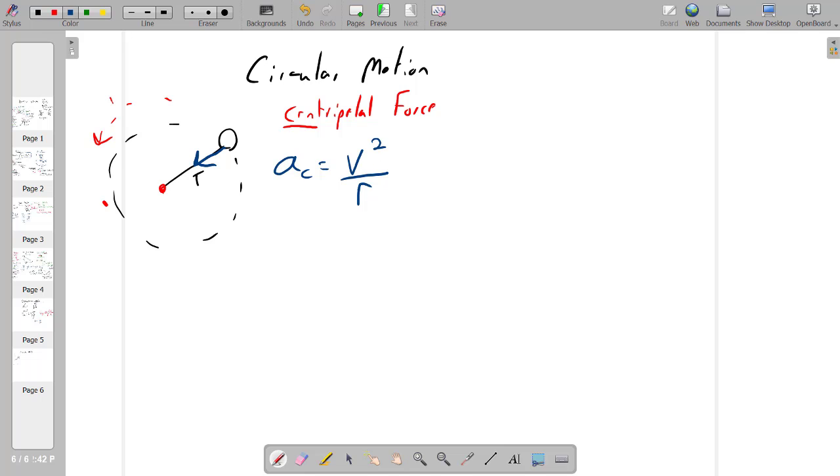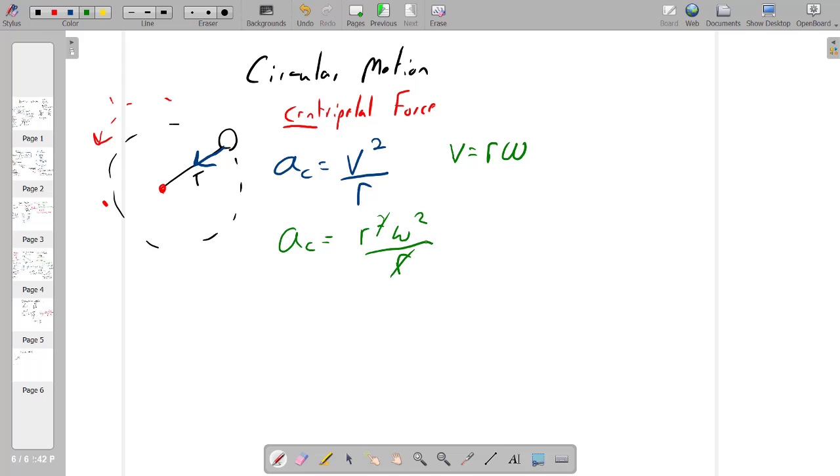So here's my equation. I can note here, remember that v is equal to r times omega, where omega is our rotational velocity, or angular velocity. Since I'm squaring v, if I plug in r omega, that'd be r squared omega squared over r.